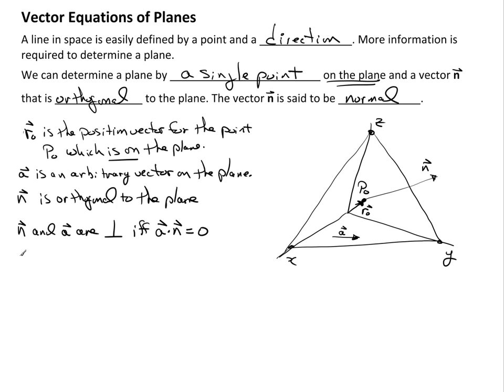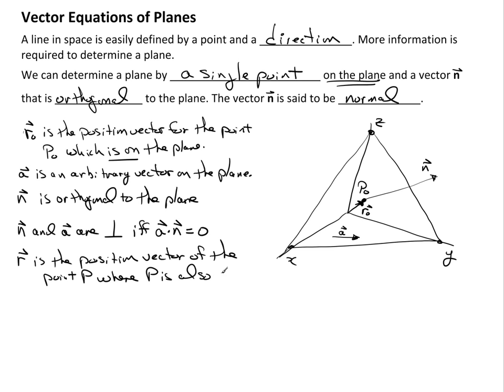Now, vector r, I'm going to add another vector here in the diagram in just a moment, is the position vector of the point P, where P is also on the plane.